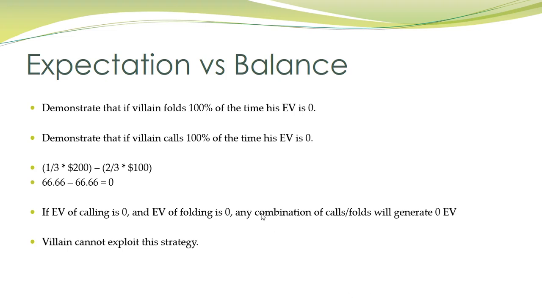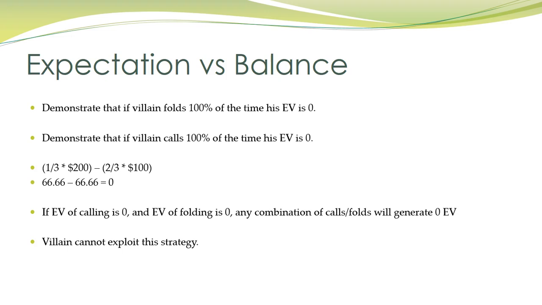We want to keep in mind as well that just because there's nothing villain can do to exploit us doesn't necessarily mean that we're following the best strategy, because also there's nothing that we're doing to exploit our opponent either. For example, imagine our opponent really was folding 100% of the time when we fire the river. This is something we can exploit very easily. We can weight our river betting range 100% towards bluffs and never value bet.